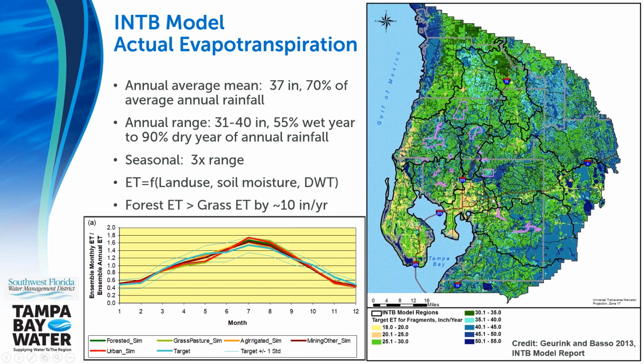The map you see on the right-hand side is a depiction of 37 inches of average annual ET distributed over polygons based on a target long-term ET based on a combination of land use and depth to water table. Urban areas show the lowest evapotranspiration due to the high density of impervious regions.